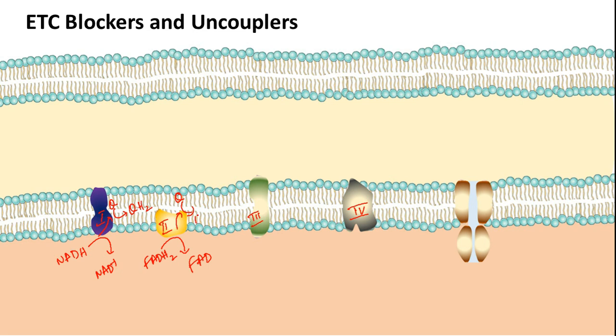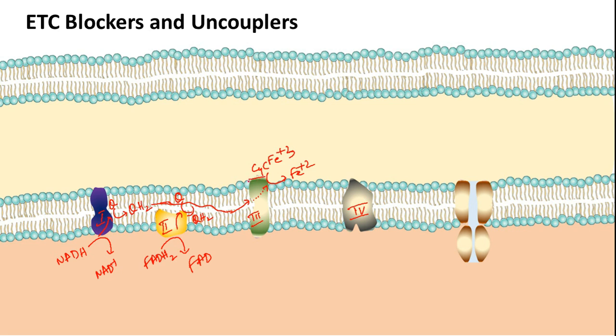As ubiquinone is a highly lipophilic molecule, it travels within the lipid region of the inner membrane and reaches complex 3, where the electrons are shifted onto cytochrome C. The iron in cytochrome C flips from the ferric state to the ferrous state.